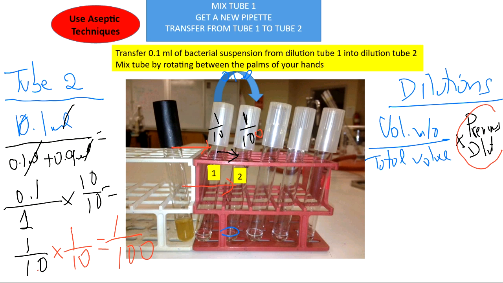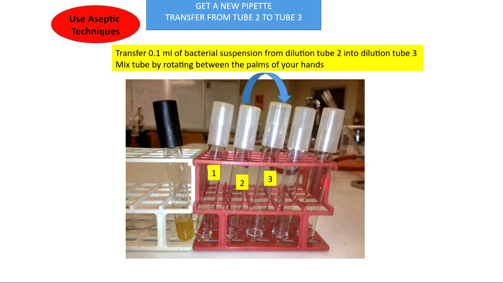Okay? And we're going to proceed doing this over and over again through all the tubes. So this one was a 1 to 10. This one is a 1 to 100. This one is going to be a 1 to 1,000. The next one, 1 to 10,000. The next one, 1 to 100,000. And you should be able to do the math.